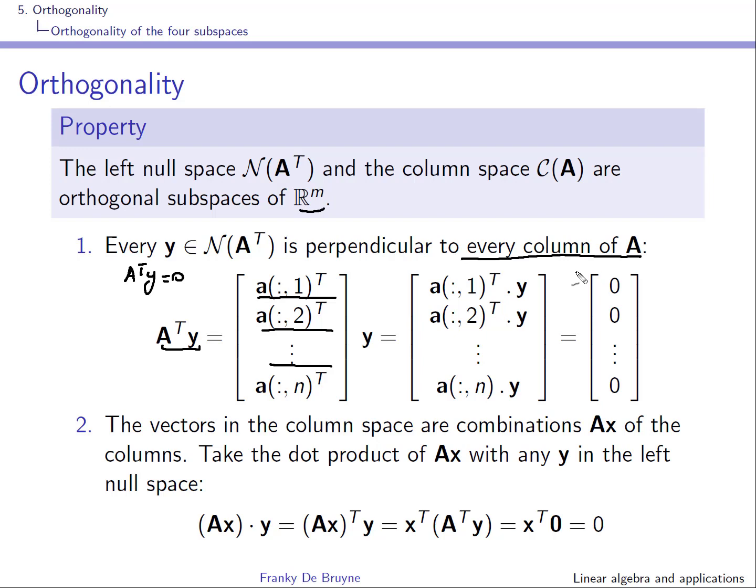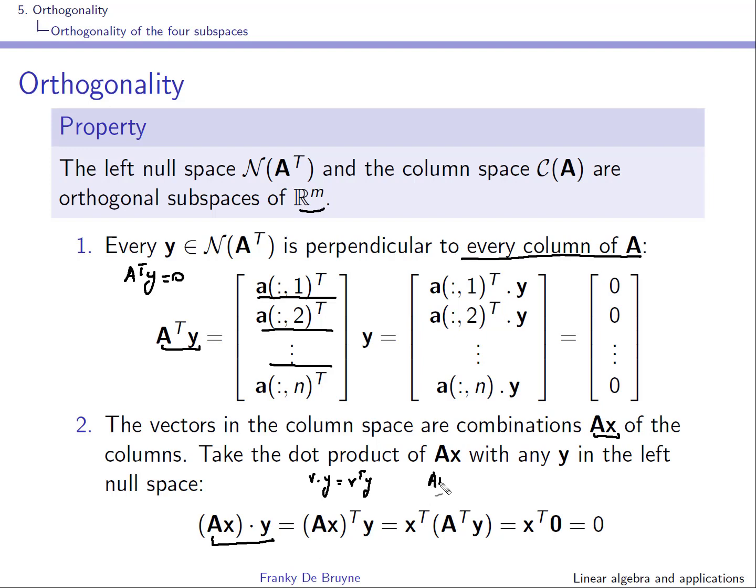Okay, so we know that the column space is generated by taking linear combinations of the columns. Here, for any vector x, Ax is taking linear combinations of the columns, and now we make the dot product or the scalar product with a y that is in the left null space. Okay, so this is what we are writing here. We can write it again differently. v scalar product with y is v transpose y, so we write it like that.